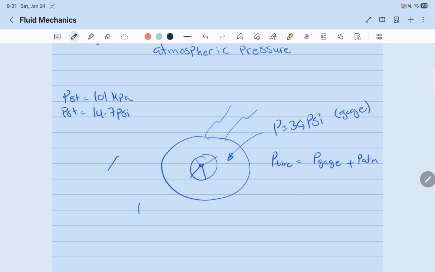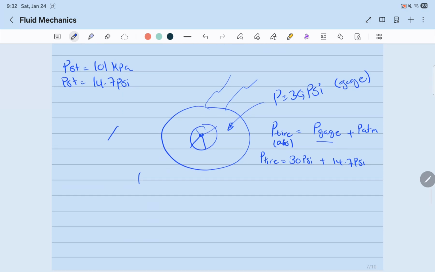Okay, so the pressure of the tire in absolute will be gauge, which is 30 psi, plus 14.7, which is the pressure outside, or the standard pressure.